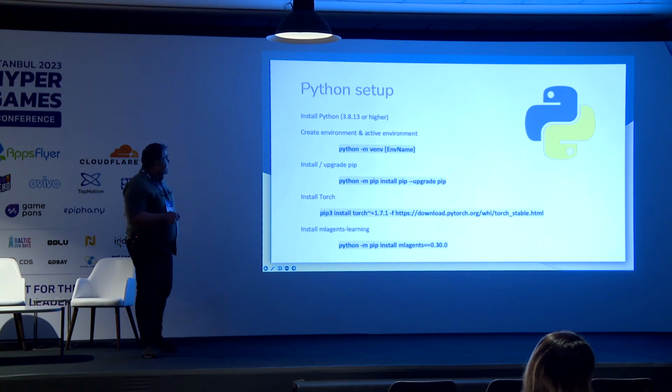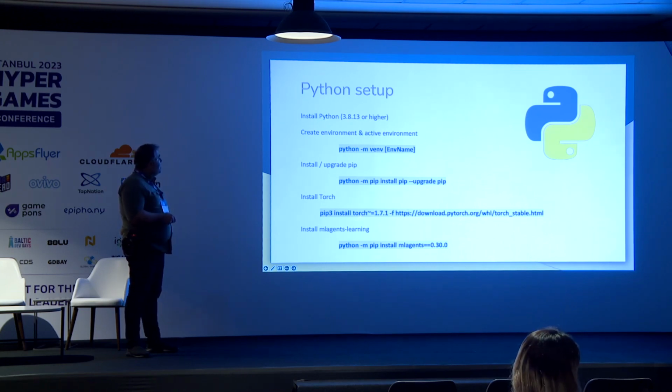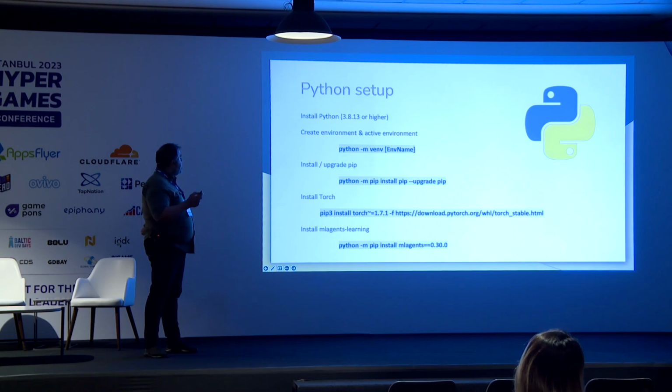Let's quickly look at how we can set up and use ML Agent in our project. ML Agent uses the Torch open source library with Python to train and learn machine learning for your agents. So we have to start by using Python.